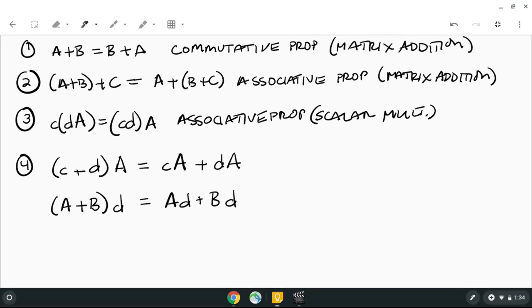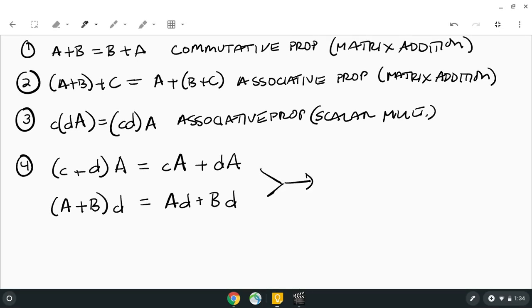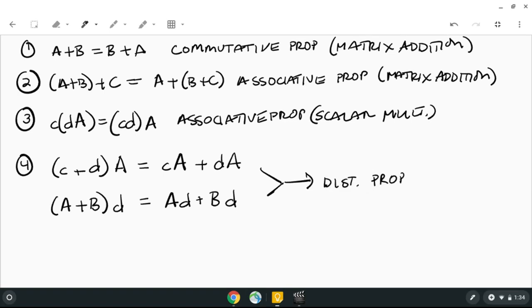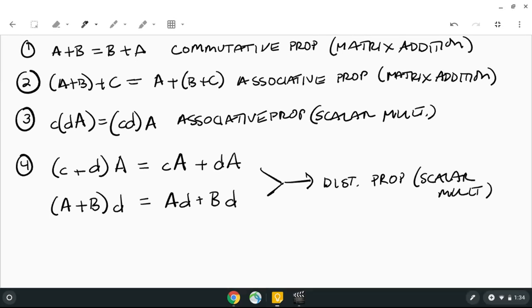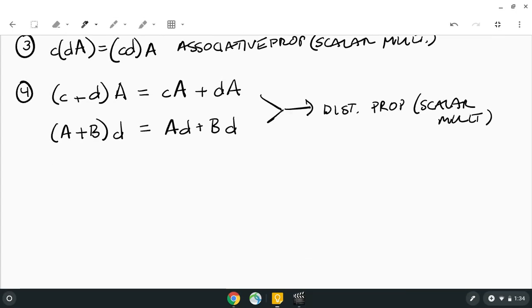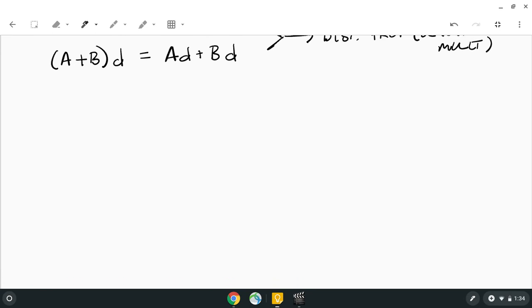So we have the distributive property, and again, this is for scalar multiplication as opposed to matrix multiplication, which is coming up pretty soon.